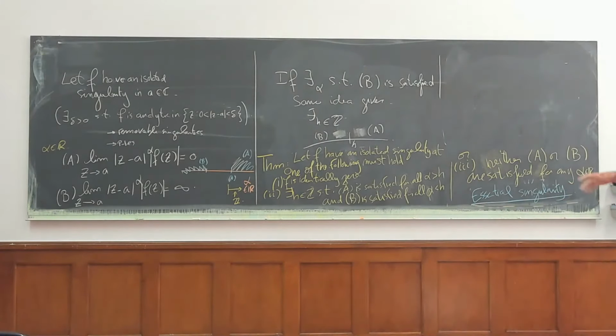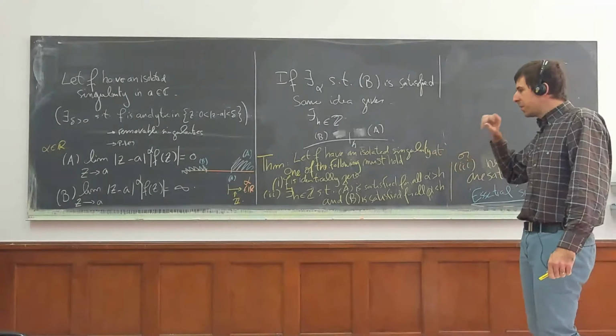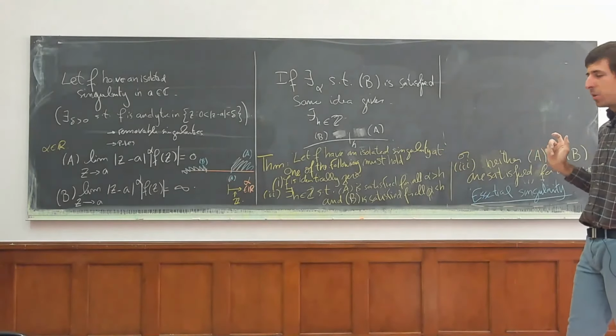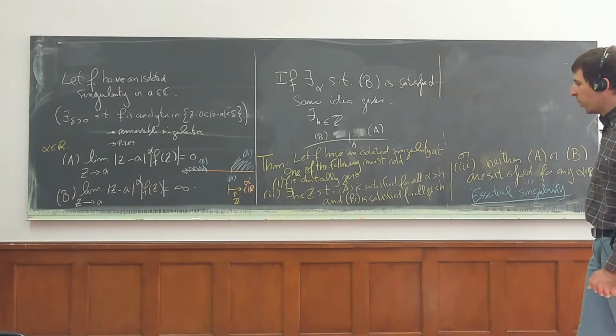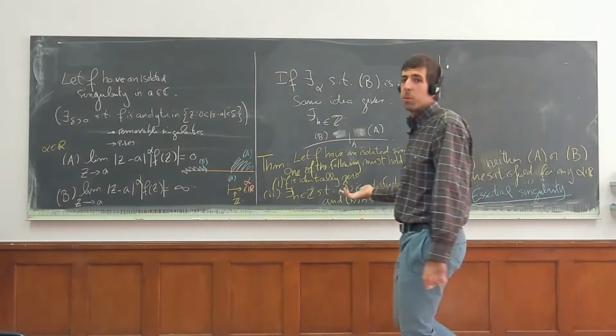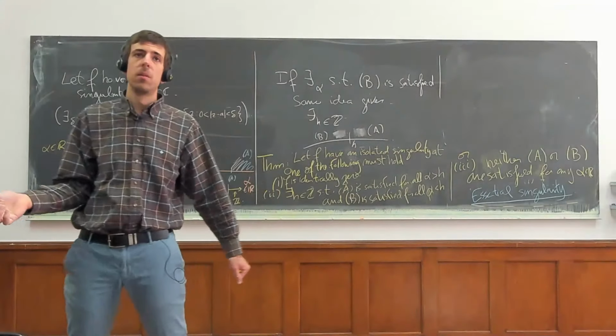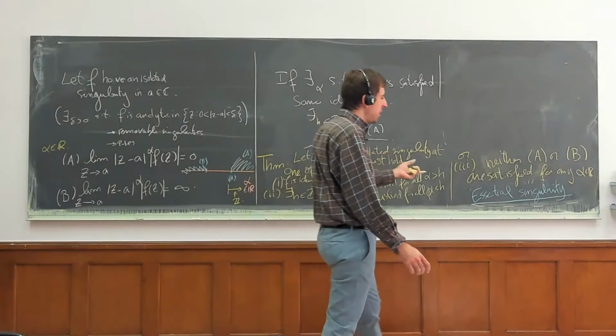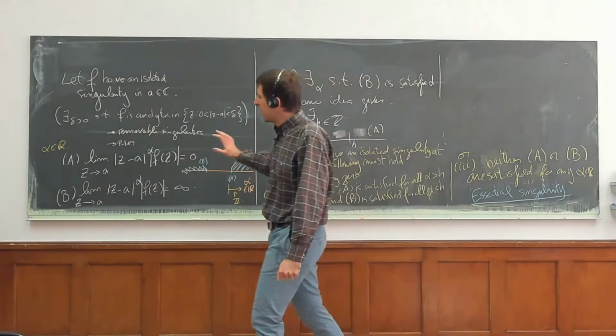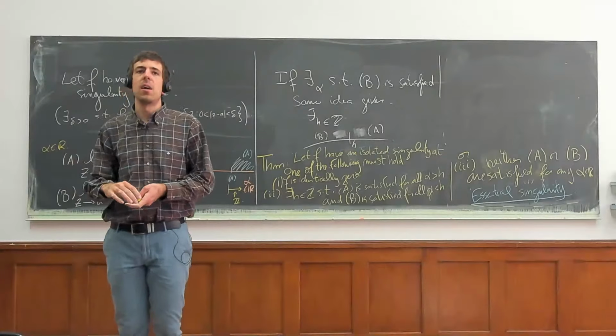Okay, so world number 1, f is identically 0, not very interesting. World number 2, basically it's a pole, or either it's a removable singularity or it's a pole. World number 3, this very bizarre phenomenon that we call essential singularity, in which neither A nor B gets satisfied for any alpha.